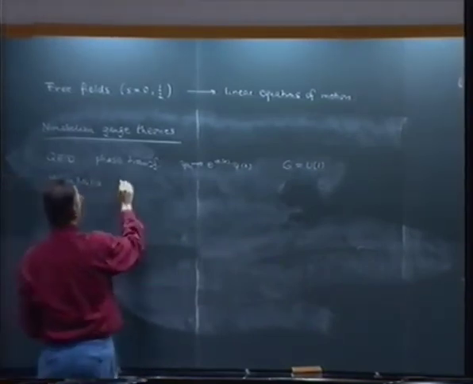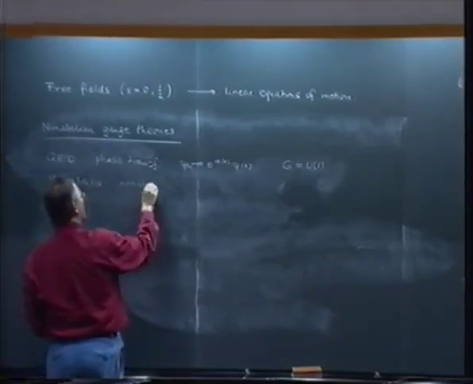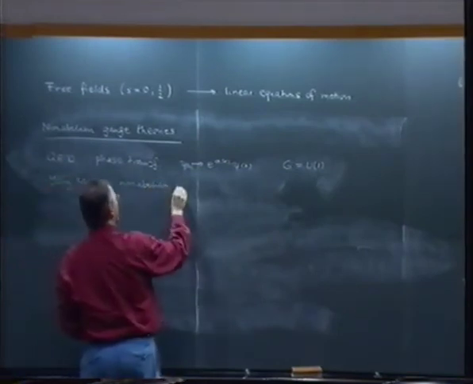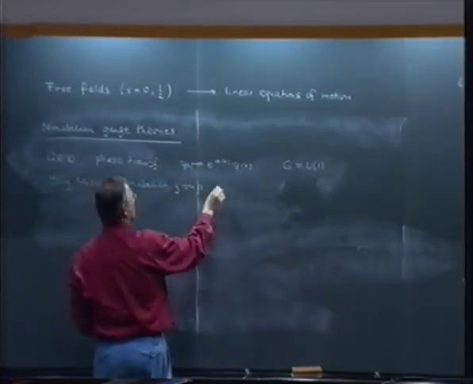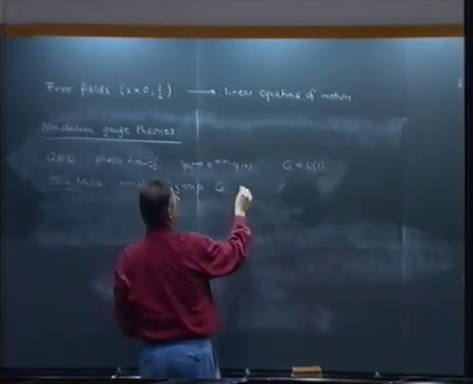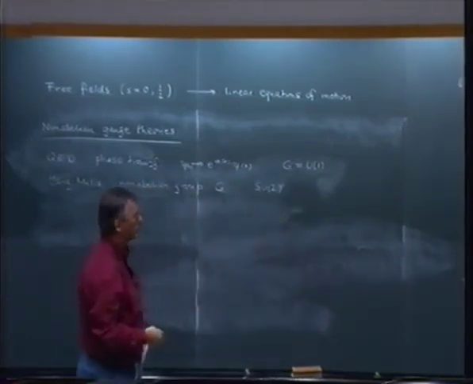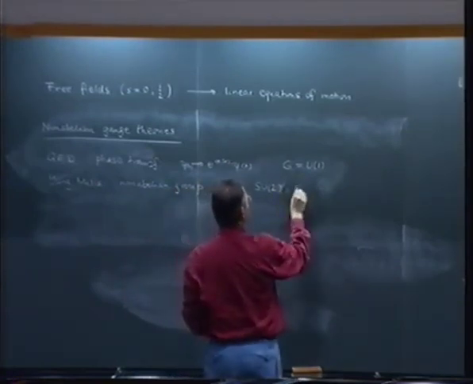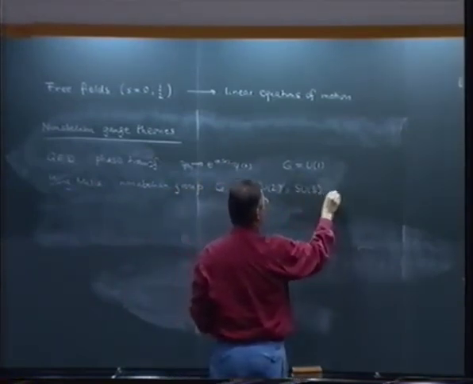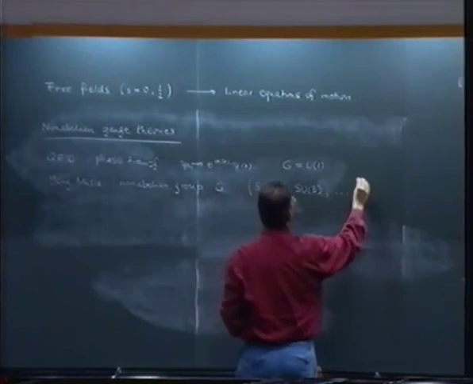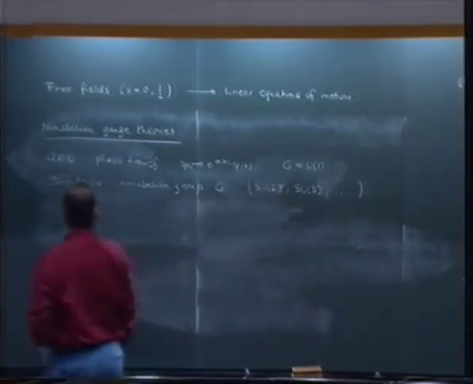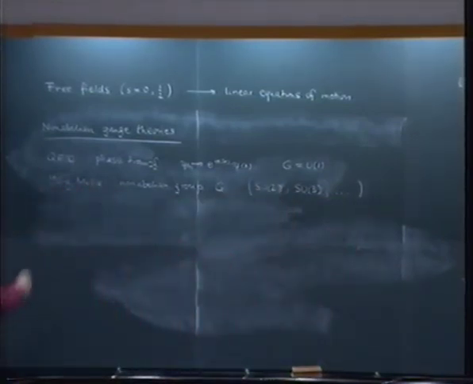Start from a non-abelian group G, like SU(2) in this example, or SU(3), or SU(5), or whatever. Now all these groups are so-called Lie groups.